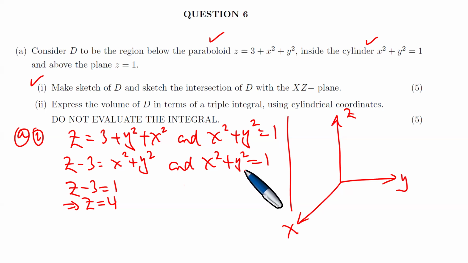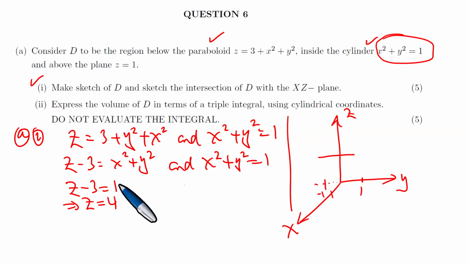This cylinder, if you're here on the XY plane, is a circle centered at the origin of radius 1. Obviously you can look at it here, minus 1, 1, minus 1 here. But now it's going to cut at z equals 1.